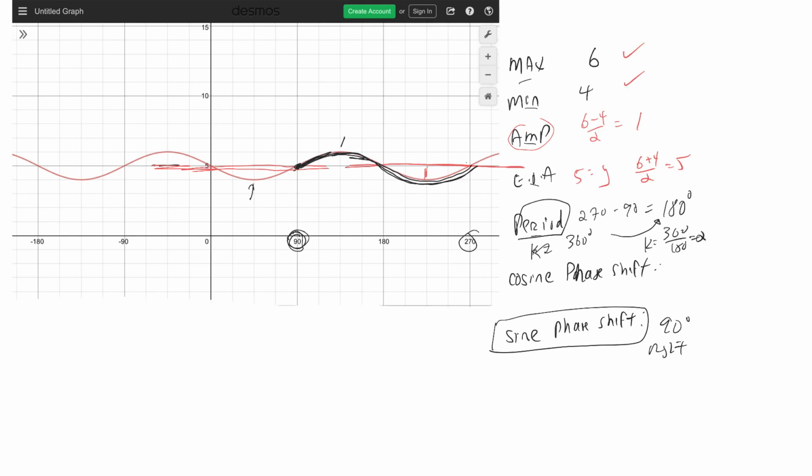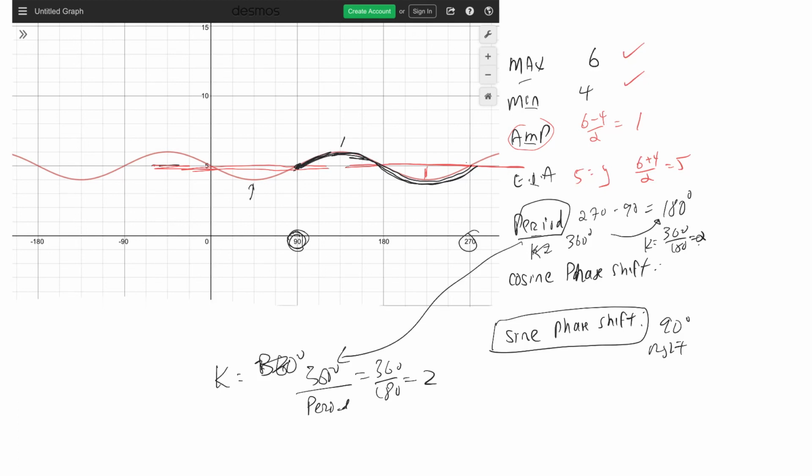So the k value is going to be 2. Here's a general equation to find the k value: it is 360 divided by the period of the function. In this case, I had 360 over 180, and that gives me 2.